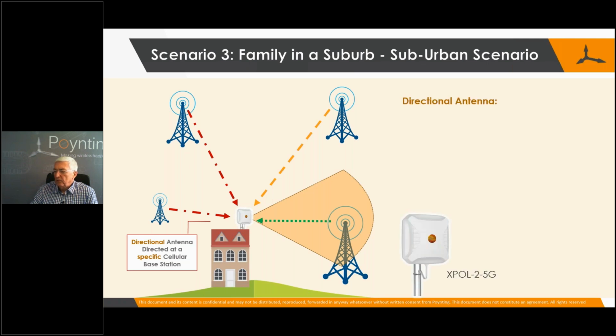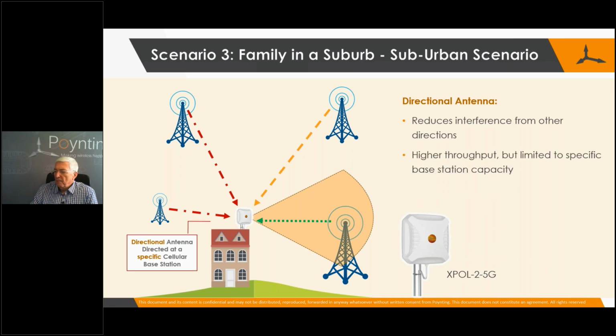So that's the XPOL 2. It reduces the interference, like I've just said, and the specific base station capacity is what we're leveraging off over there, and we are dependent on that single tower, but we get a very, very good signal, a very, very good antenna for this particular application.